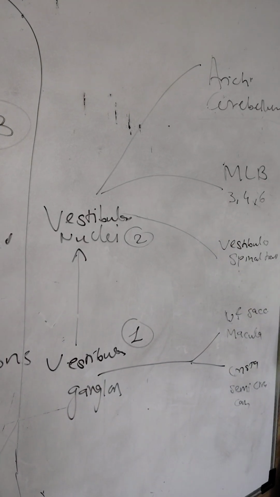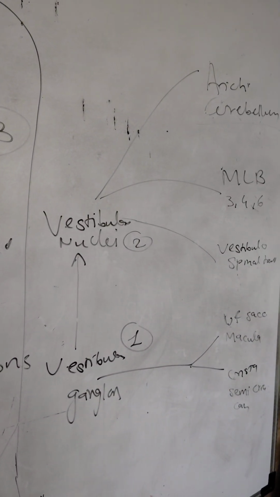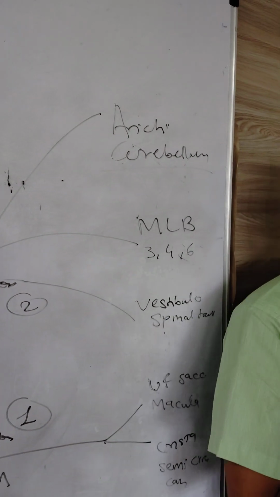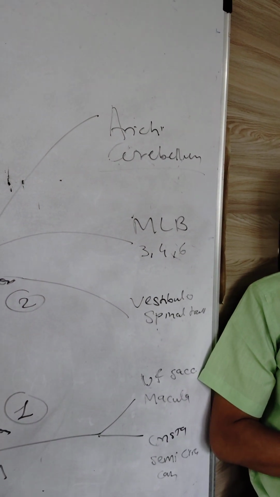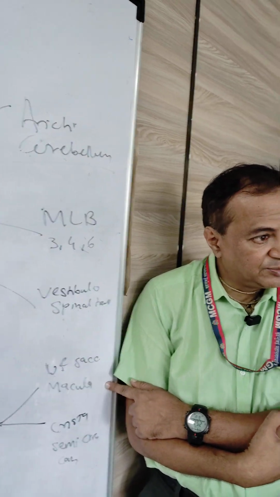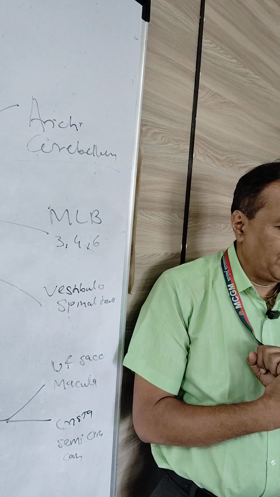From here, it splits into three. One part goes to the archicerebellum, lingula plus flocculonodular lobe, which is responsible for balance. This is the vestibular component which is responsible for balancing, and therefore it is going to the archicerebellum.